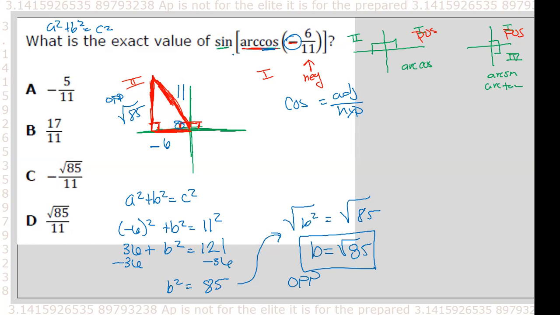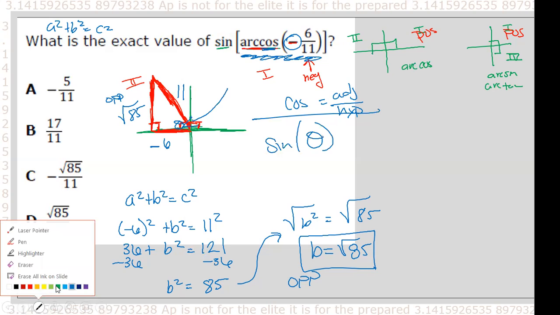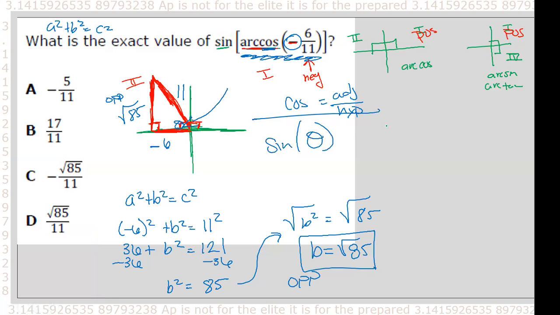Now keep in mind, all of this, the inside, helped us draw this triangle. So if we do the arc sine of this triangle, we'll get the theta, this angle right here. So now we can solve sine of whatever that angle is. Sorry, I'm running out of space here. So we need to find sine of this triangle right here.